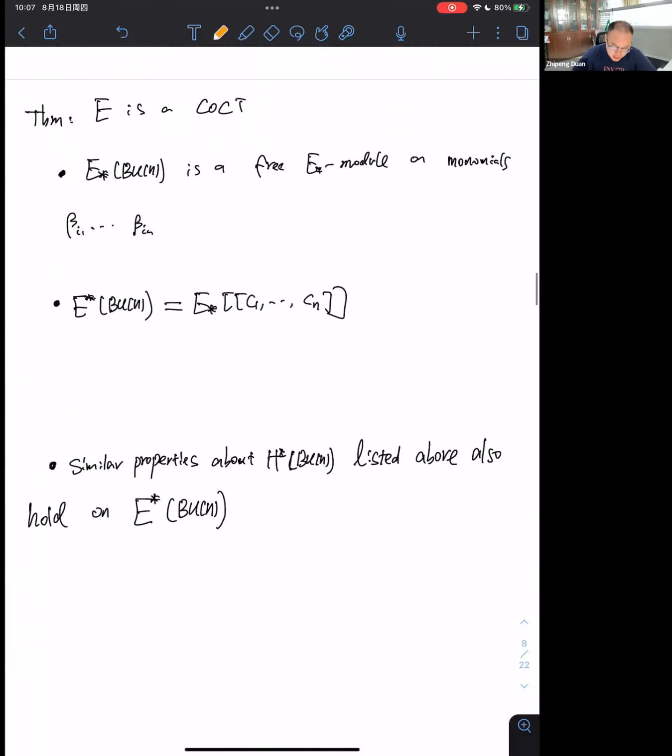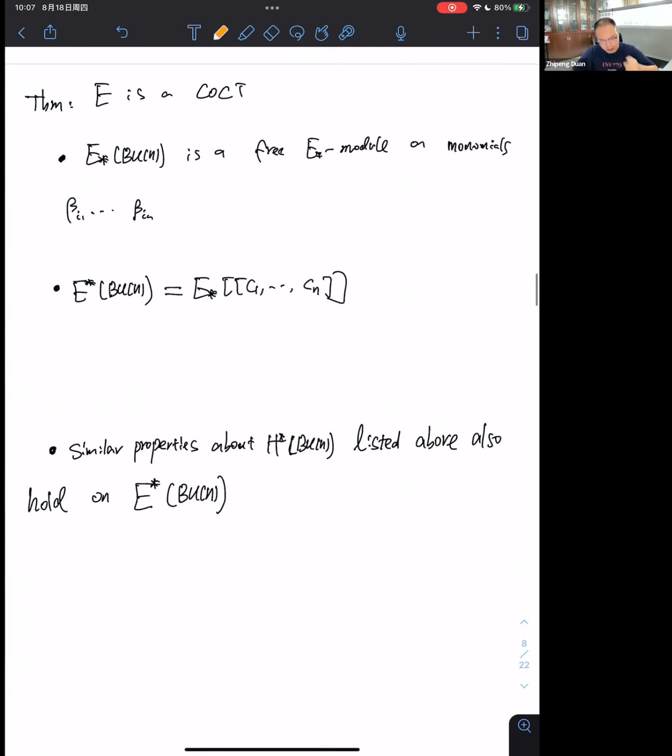So the following is our main theorem of this section. If E is a complex oriented spectrum, then its homology, the E star of the classifying space BU(n), is actually a free E star module on monomials beta i1 times beta i2 up to beta in. And you see this is very similar to the classical calculation of the singular homology of BU(n).